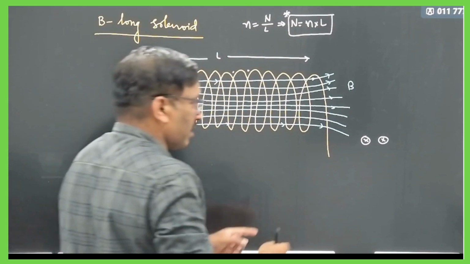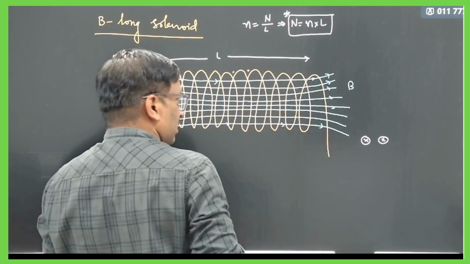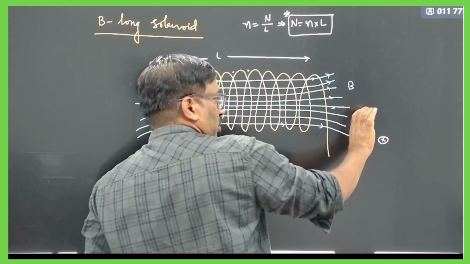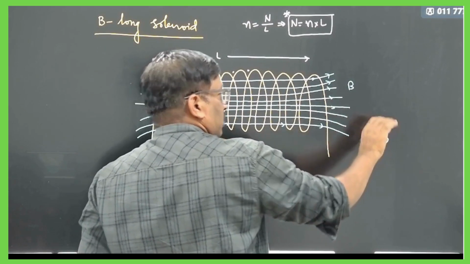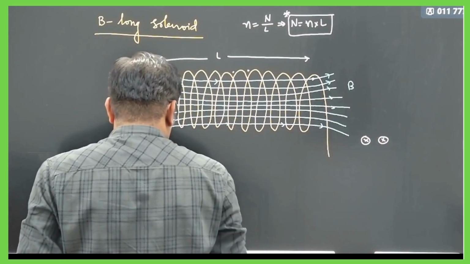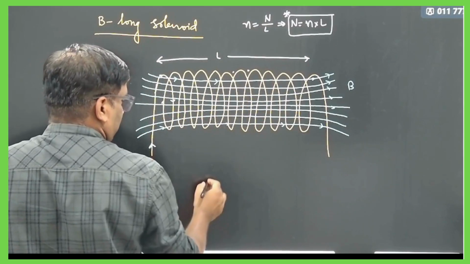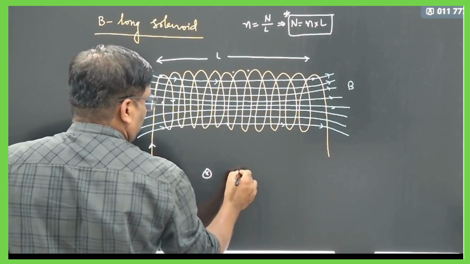We want to calculate the magnetic field at the corners of these two current carrying conductors. Due to this one, the magnetic field is inside. Due to this one, the magnetic field is outward. Are you understanding? Suppose we take one small part of this cross section. How are the currents flowing? Like this.